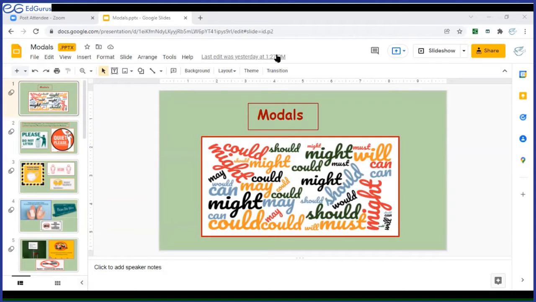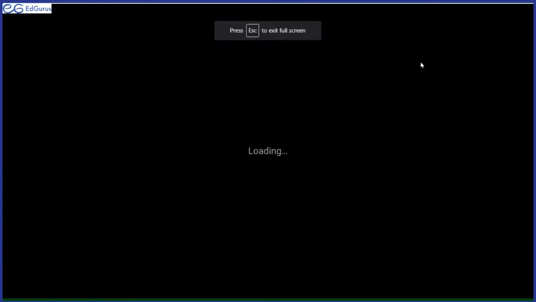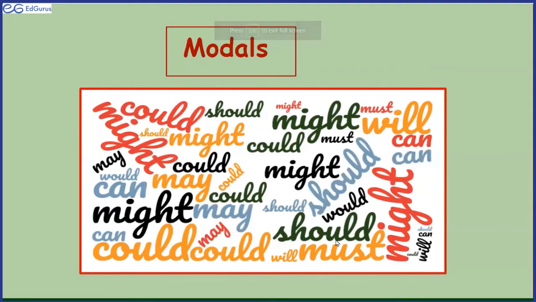So we had started with modals, right? We'll continue with the same. Okay, so let us recapitulate a bit. So this is the word cloud, which displays the modals.